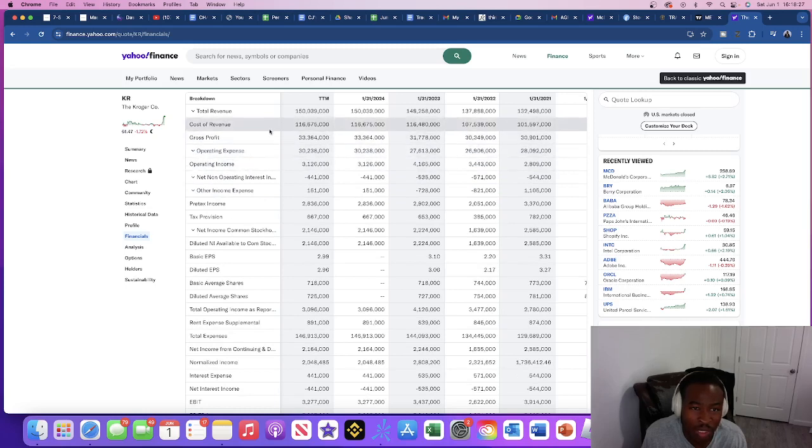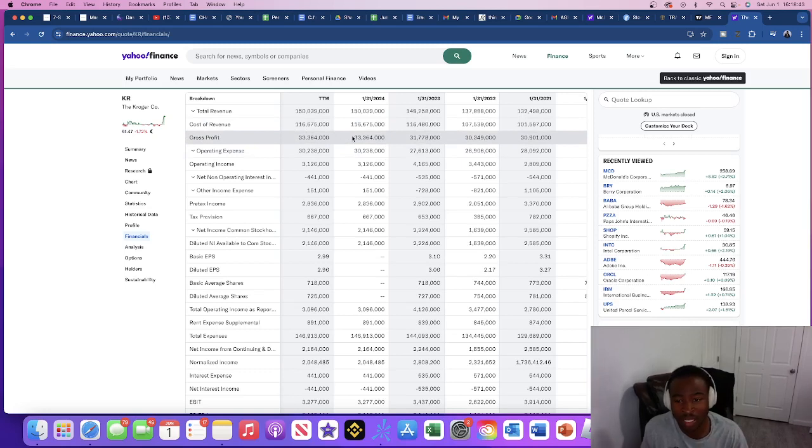Again, this is their gross profit. This is how much they made when you take out their cost of goods sold, and how much they actually paid to bring in that income. This doesn't subtract taxes and everything like that.